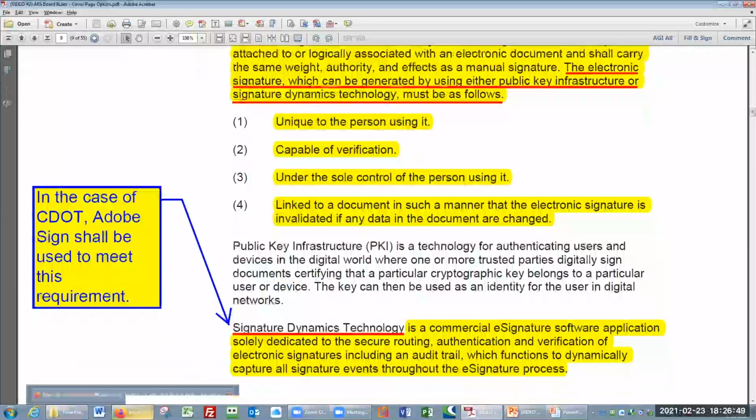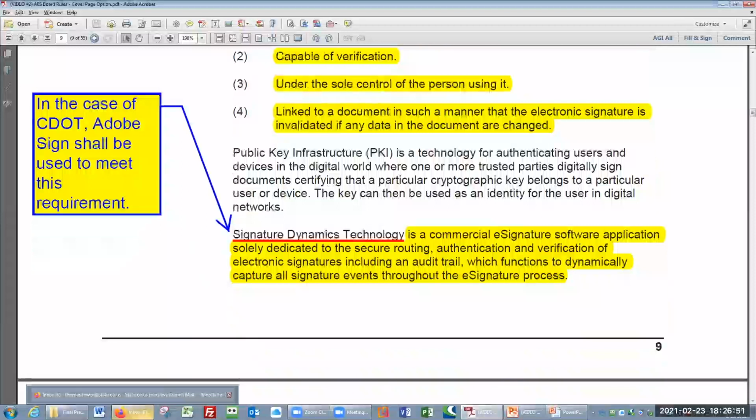So public key infrastructure, there's the definition of it. It's probably the oldest of all the authenticating systems that are used. It's basically a technology for authenticating users and devices in the digital world where one or more trusted parties digitally sign documents certifying that a particular cryptographic key belongs to a particular user or device.